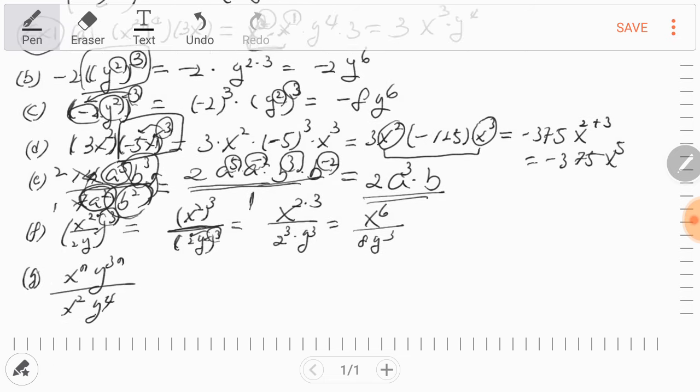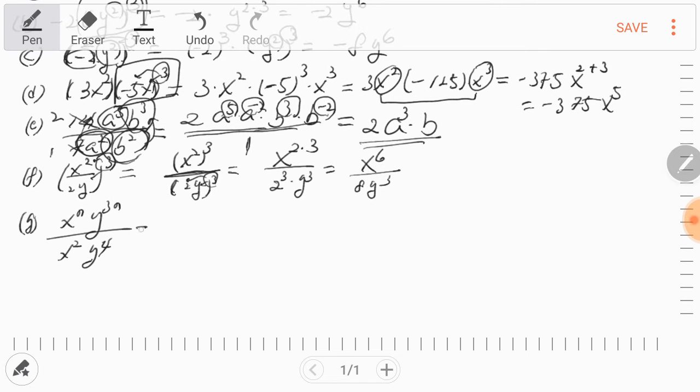Okay, and then let's do the last one. The numerator has exponential form with the base x, and the denominator is the same. So what we can do is move x squared from the denominator to the numerator, then x to the nth power times x to the negative 2 power, y to the 3n, and then also move y to the fourth power to the numerator, then y to the negative fourth power.